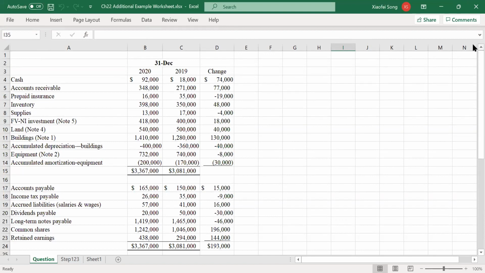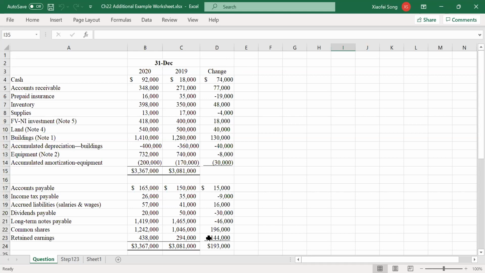Changing cash equals changing the rest of the balance sheet. If you analyze these changes systematically and make sure you include all of them when you prepare the statement of cash flow, you will not miss anything.